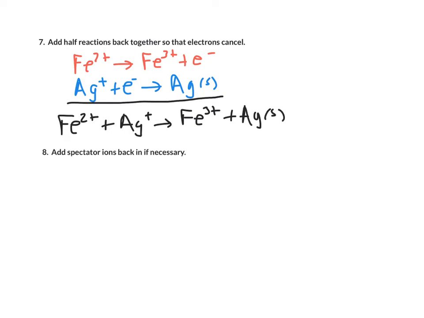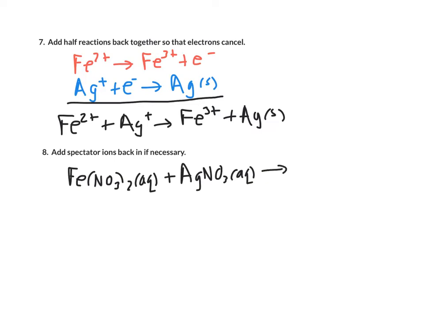And the very last step is to add the spectator ions back in if it's necessary. So you remember that we took nitrates out of this equation, so we'll put them back in. So we have iron nitrate aqueous plus silver nitrate aqueous forms iron 3 nitrate aqueous plus silver solid.